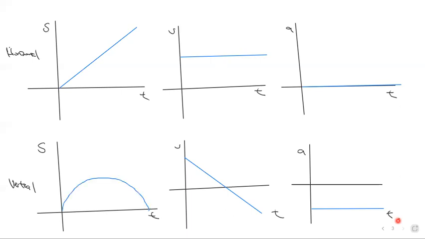So in fact, this means that a equals 0, as we expected. This is constant, and this is linear, looking at the horizontal. Whereas the acceleration, this is constant, this is linear, this is parabolic.